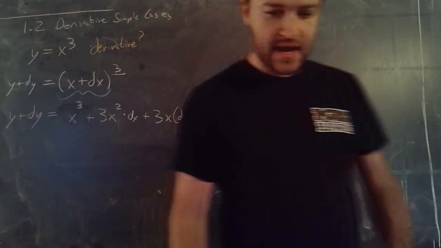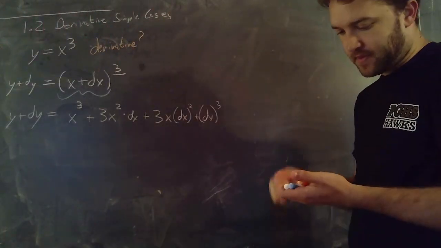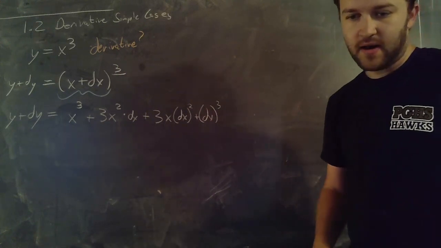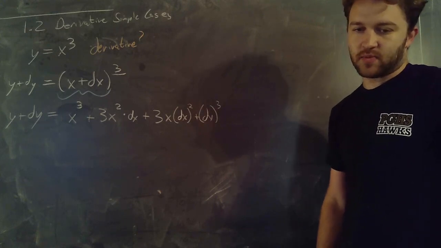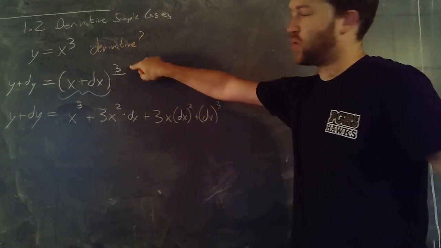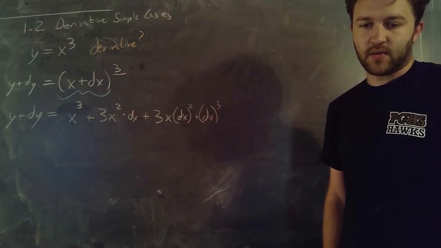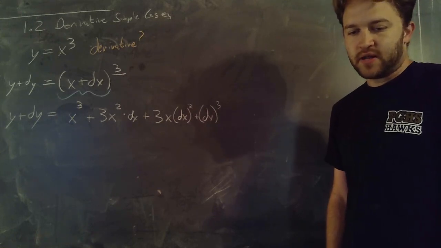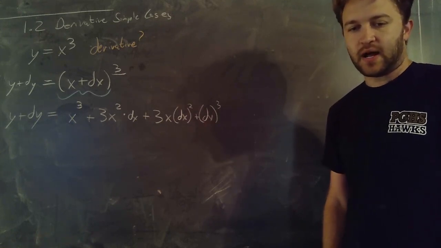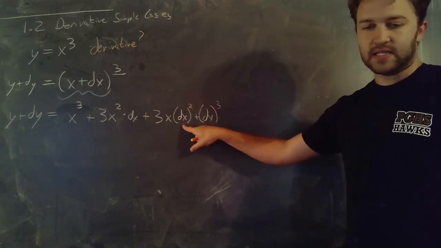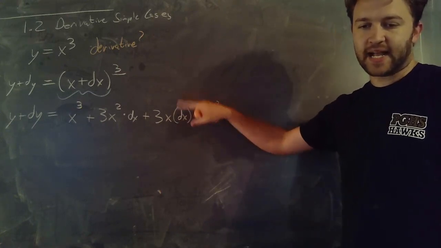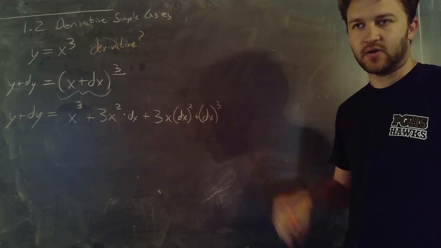Now notice here that we have a few things that are more complicated looking than they were in the previous case because we had a higher order equation to begin with. But if you remember in the previous problem where we did y is equal to x to the second power, we were able to ignore these terms where we have dx to the second power, dx to the third power, and so on and so forth.